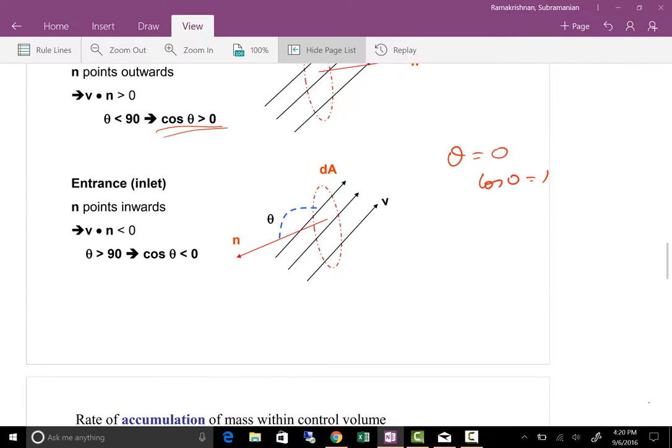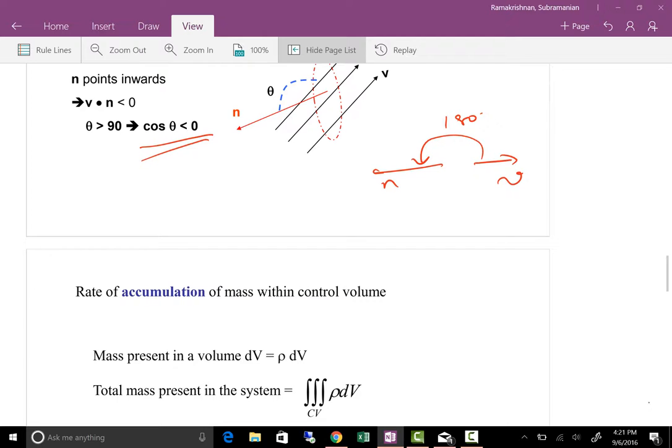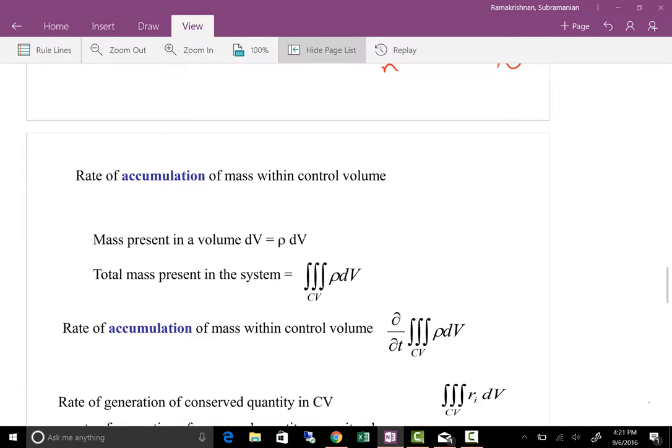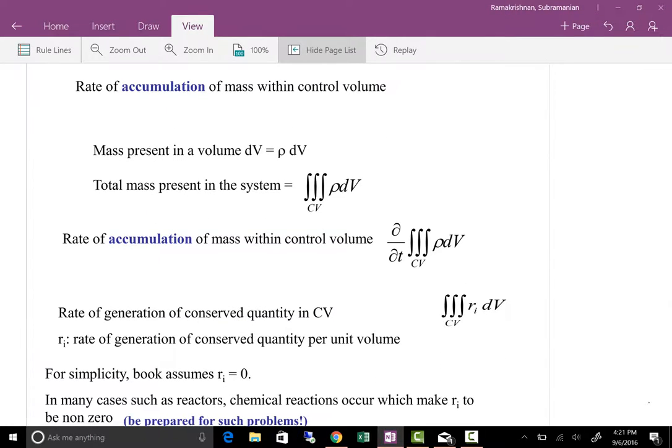While at the entrance, if both n and v are in the opposite direction, which occurs at inlet, then the angle between them is 180, and cos of 180 is going to be minus 1, so cos theta is going to be less than 0, right? So taking the dot product of v with n also serves another important purpose. It helps identify whether the fluid is coming in or going out of the control volume, right? So the term rho v dot n dA integrated over the full control surface gives you the net rate at which mass leaves.